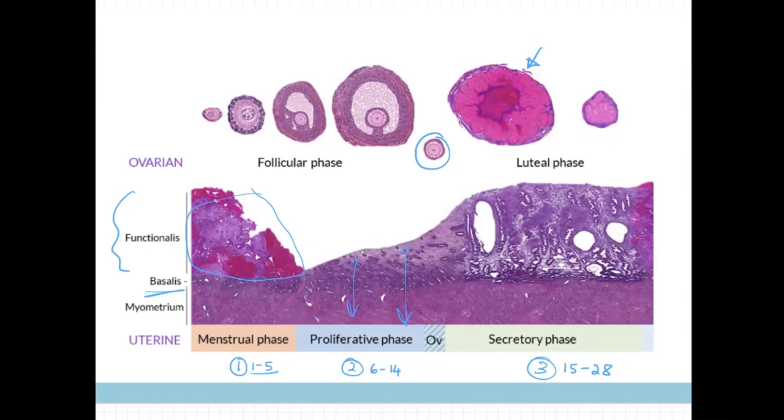Remembering that the corpus luteum was what was producing progesterone, if we no longer have that activity occurring, we're going to have low progesterone levels. The low progesterone levels are what signal to the body to cause apoptosis of that functional layer, i.e. shed that functional layer, and that will bring us all the way back to the menstrual phase.